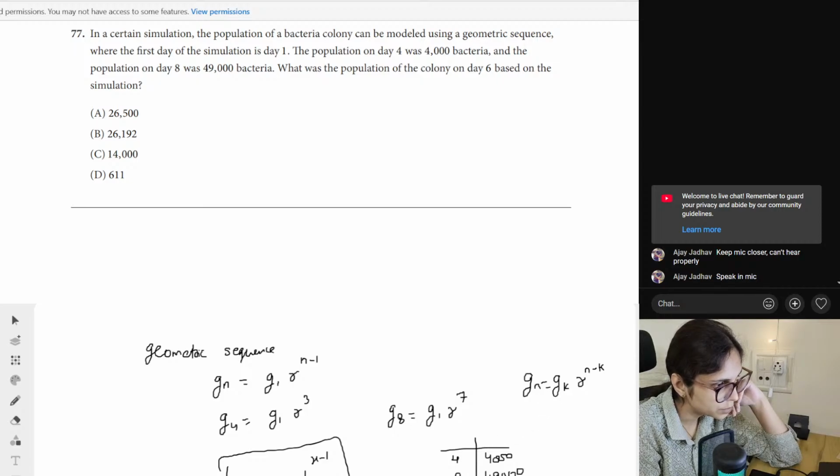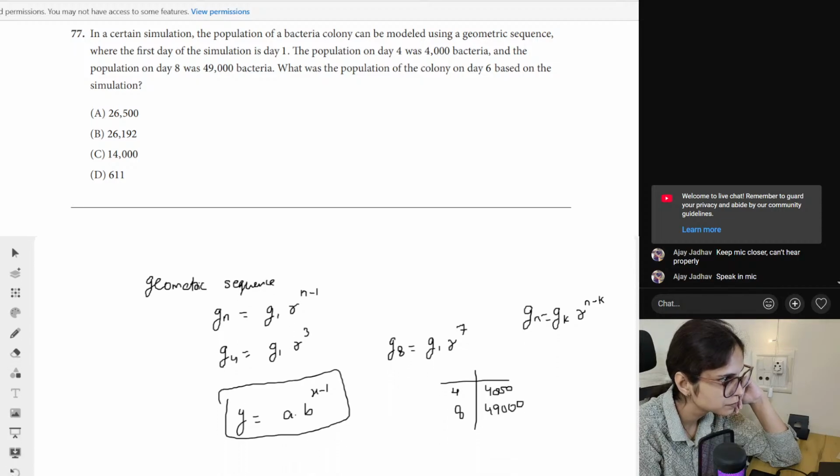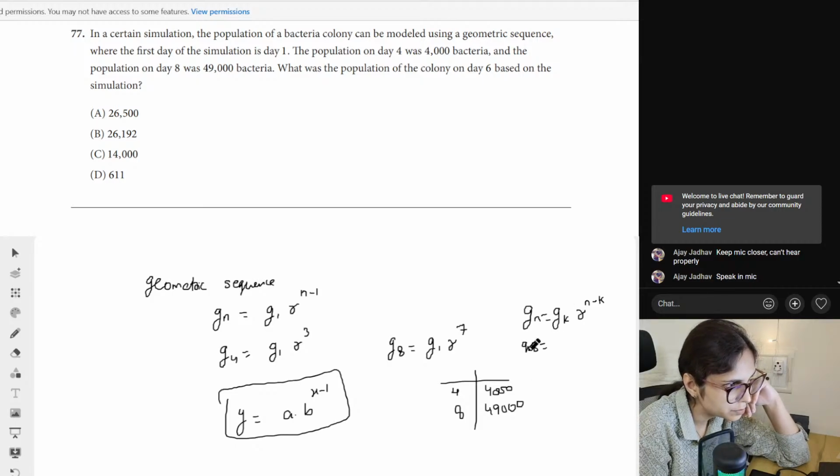If you use that formula, then G8 will be G4 R to the power 8 minus 4, which is 4. But instead of using this, I will directly be using this. And now I'll open Desmos. Just give me a second.